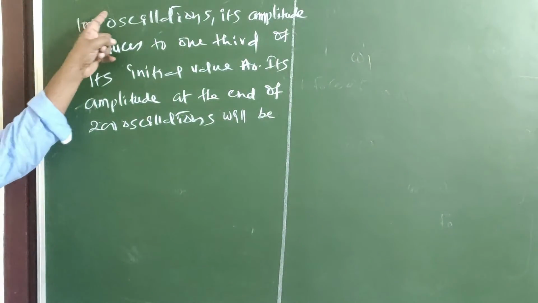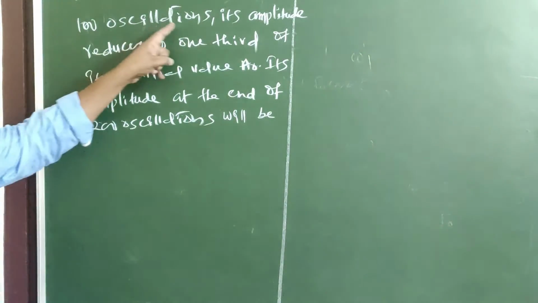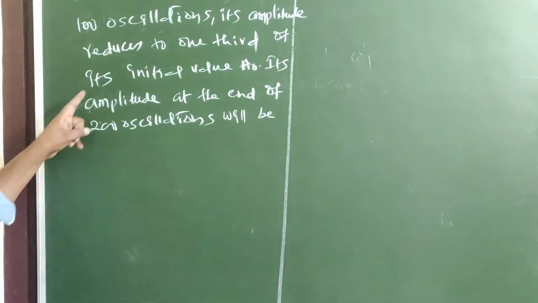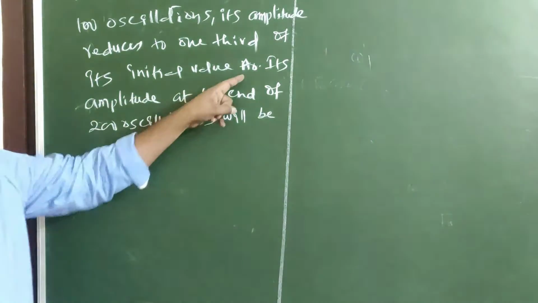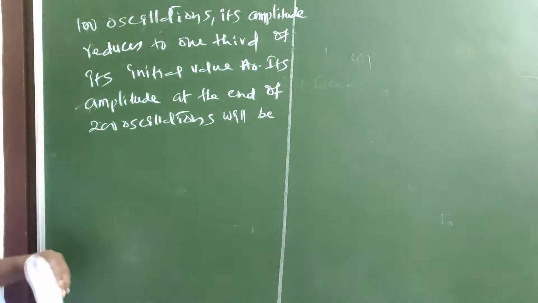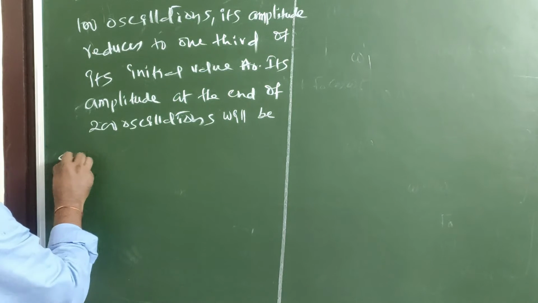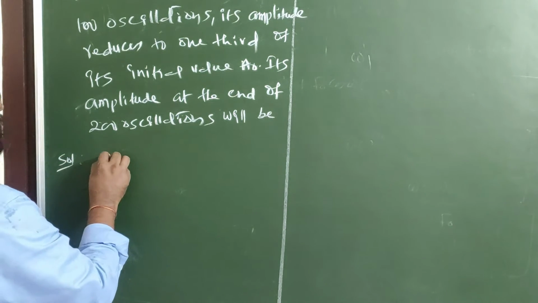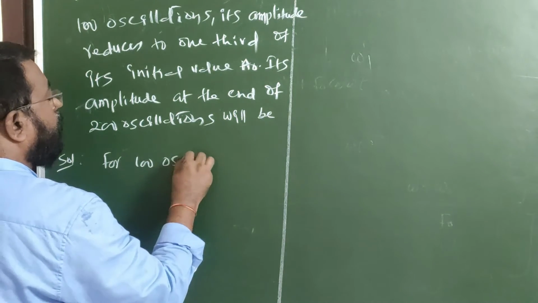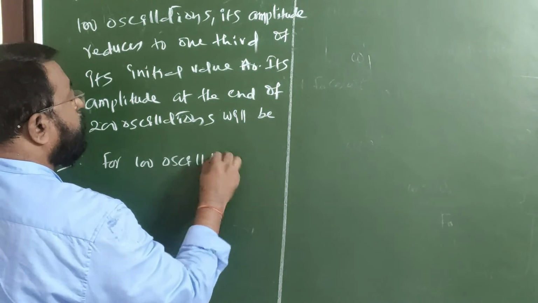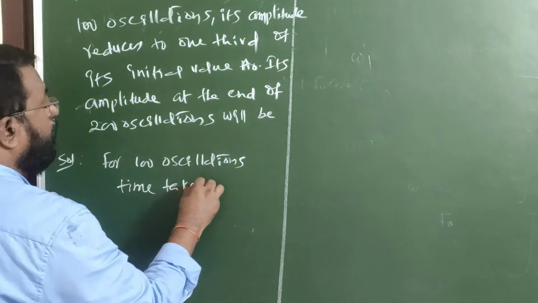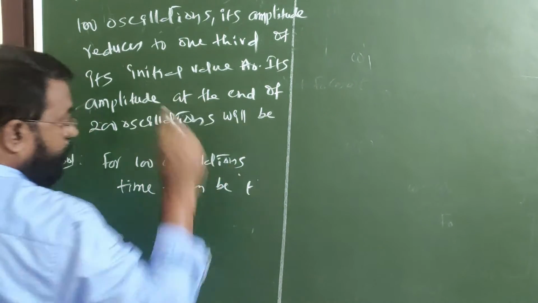See here, when an oscillator completes 100 oscillations, its amplitude reduces to 1/3 of its initial value A0. What is its amplitude at the end of 200 oscillations? For 100 oscillations, let the time taken be t.